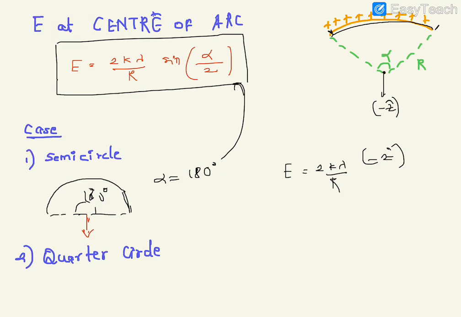Alright, now the last case for the wire is the quarter. Let's say I have a quarter of line charge. This is my 90 degree of line charge, and then my electric field will be on the bisecting line, that is at 45 degree.